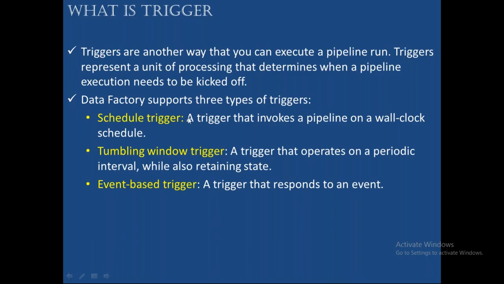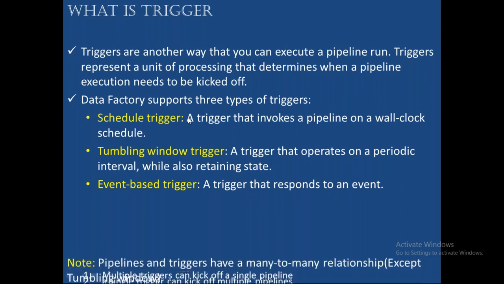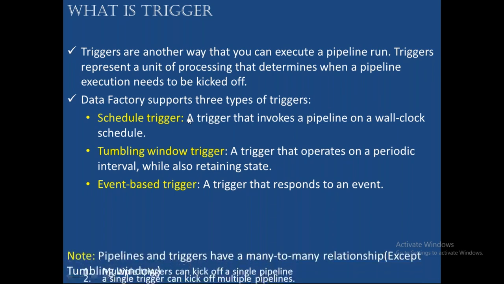Based on whether it succeeded or failed, you can maintain the dependency. A schedule trigger is a trigger that invokes the pipeline on a wall clock schedule. What it means is, based on time, maybe I want to run a pipeline at 4 o'clock or 8 o'clock, then you need to schedule a trigger, meaning you need to schedule your pipeline. As we discussed already, schedule trigger and event based trigger have a many-to-many relationship.